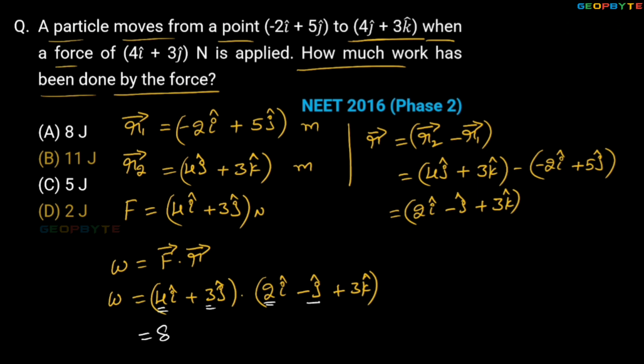J to j is minus 3. K, no, there is no k part in the force. So it is equal to 5 joules. Since work is a kind of energy, the work unit is joules or newton meter. This is 5 joules. Understood clearly? Yes. Look at the options. Option C is absolutely correct.